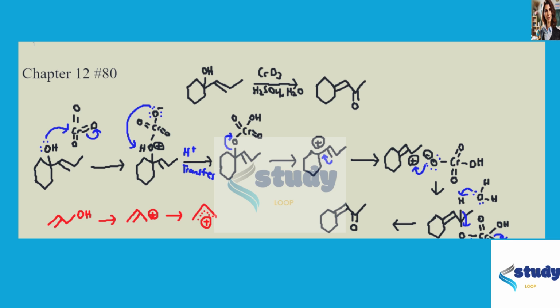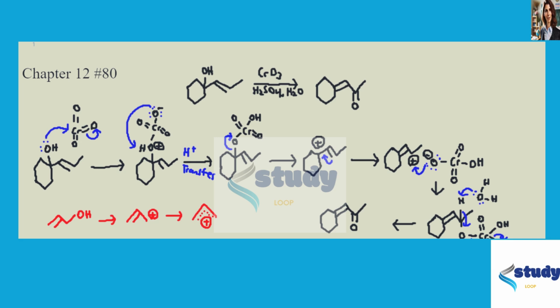And so what's actually happening is the positive charge is delocalized between the 3 carbons. And so what happens is this double bond will actually rearrange because remember, the more substituted a carbon is, the better it's able to stabilize a carbocation. And so this double bond will rearrange.